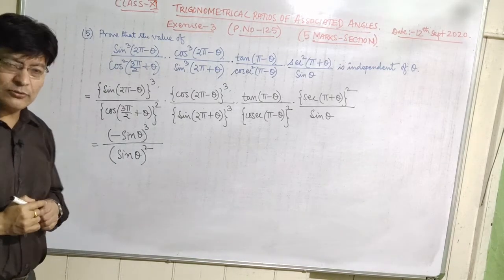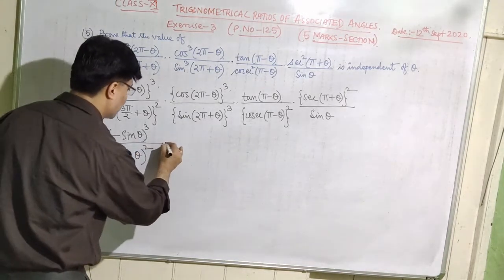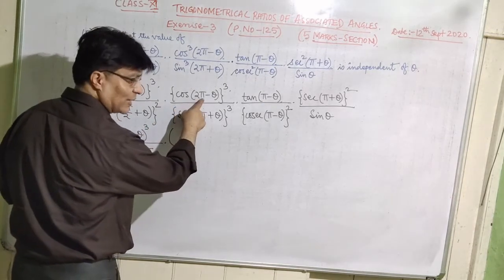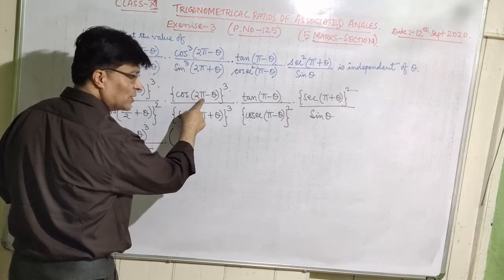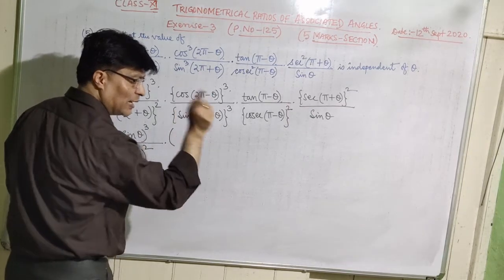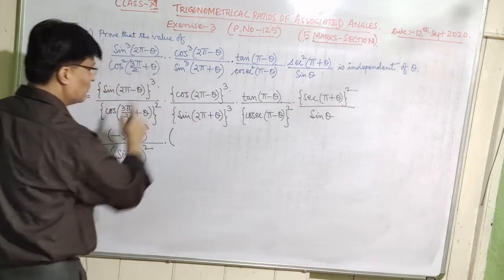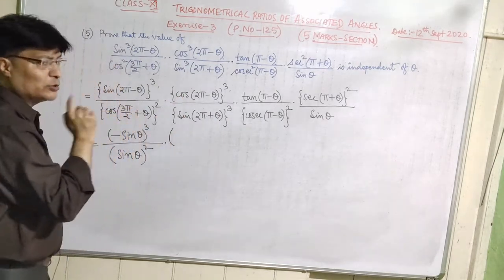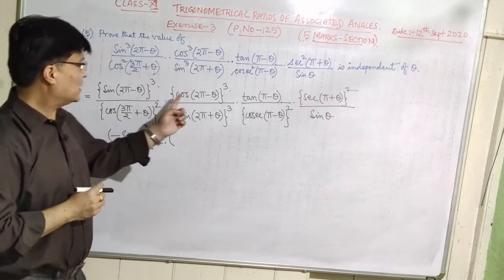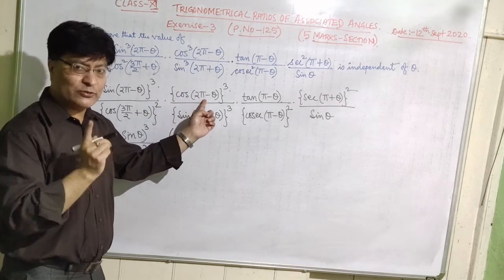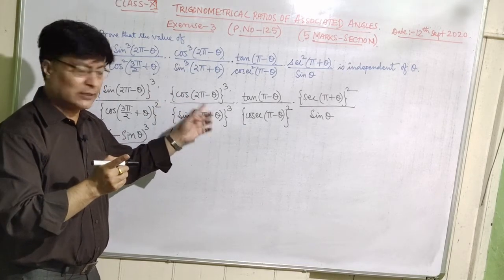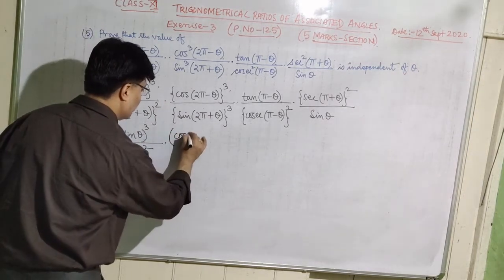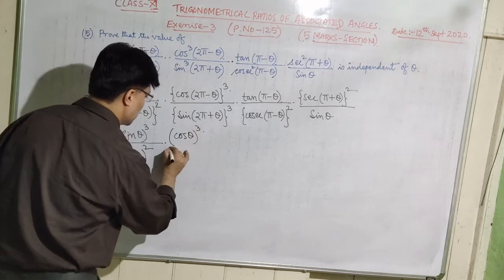Is that understood now? So next, now again this is 360. 2 pi means 360 minus theta, lies in the fourth quadrant. In the fourth quadrant, cos is always positive, so we usually don't write the positive sign. And since this is 360, 90 into 4, an even multiple of 90, cos remains same. So it is cos theta whole cube.